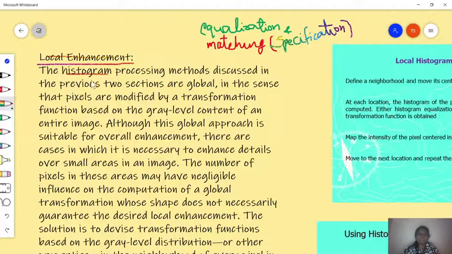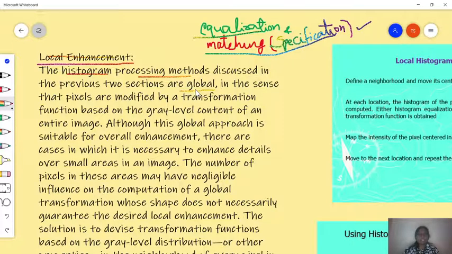So actually the methods which we previously discussed are the global methods. Means we are calling those two methods as global methods. Why are we calling them global methods? Those are equalization and matching, nothing but the specification of the histogram of the image.